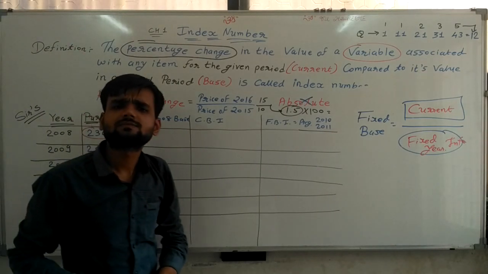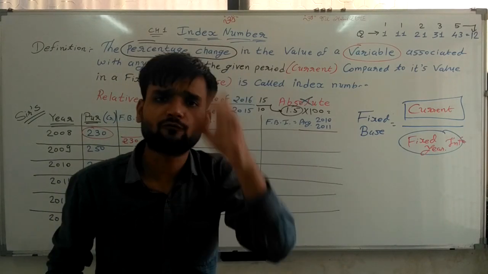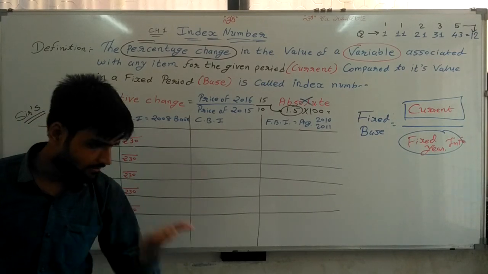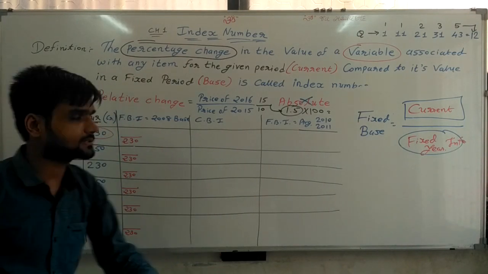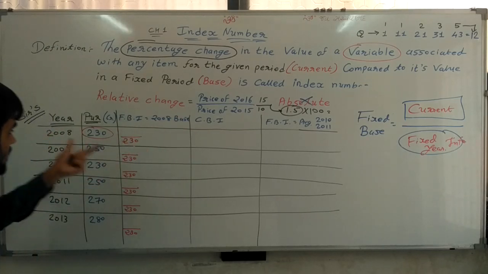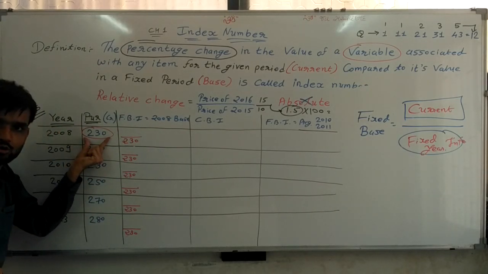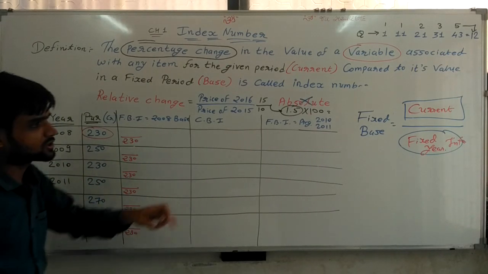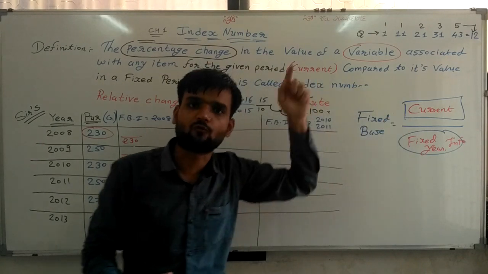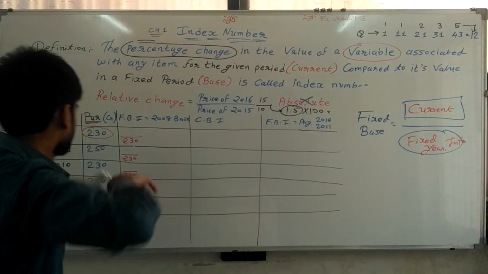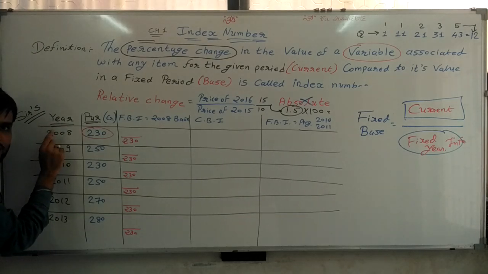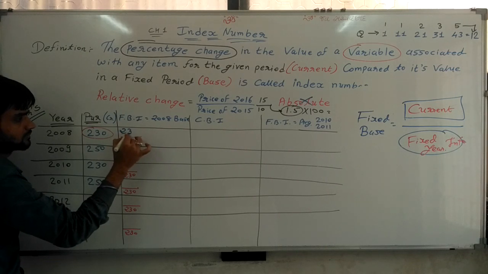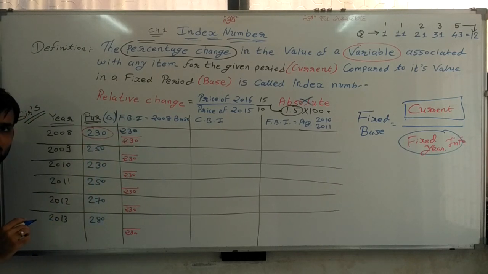So why is 230 fixed? Because here information is given: find fixed base index number. Base is fixed. Which is the base? 2008 as the base. So 2008 purchase value 230 is the same for all the years. Now sir, what is in numerator? Current year information for which we need to find index number. Suppose I need to find index number for 2008, then 230 is the current year information.